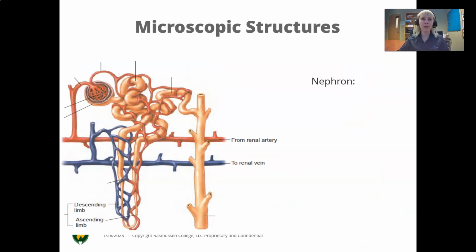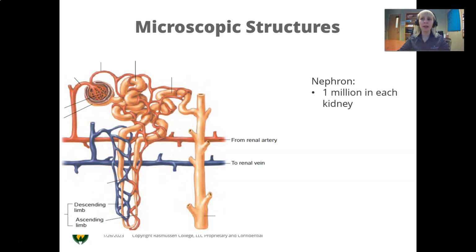We also have microscopic structures, and the microscopic structure is going to be the nephron. So this is a very blown up version of what your nephron looks like. And microscopic means that we cannot see these with our naked eye and we need a microscope to view them. When it comes to the urinary system, again, that microscopic structure is in your kidney.